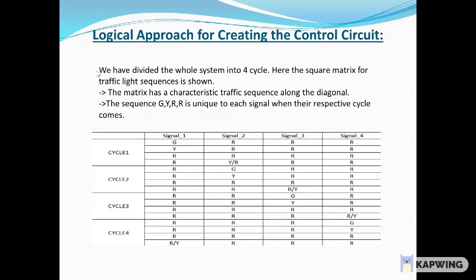We have divided the whole system into 4 cycles. Here the square matrix for the traffic light sequences is shown. The matrix has the characteristic traffic sequence along the diagonal. The sequence GYRR is unique to each of the signals when their respective cycle comes.